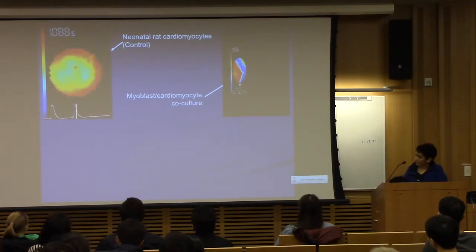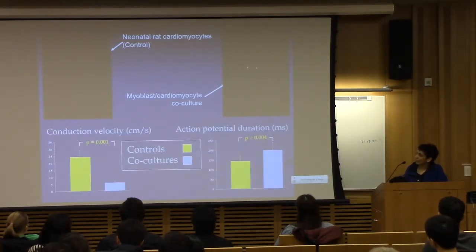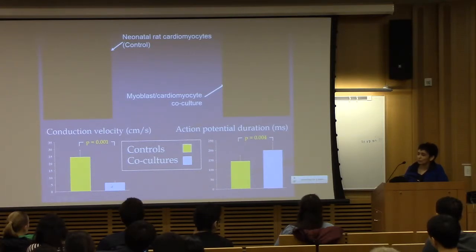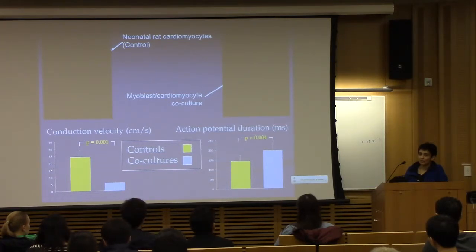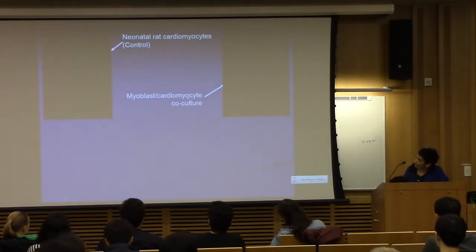So what's going on is that you have slowing of conduction. In the summary, you can see the controls have a way higher conduction velocity than the co-cultures, because when you introduce skeletal myotubes that don't have gap junctions, you have electrical barriers to propagation, and of course you lose conduction.